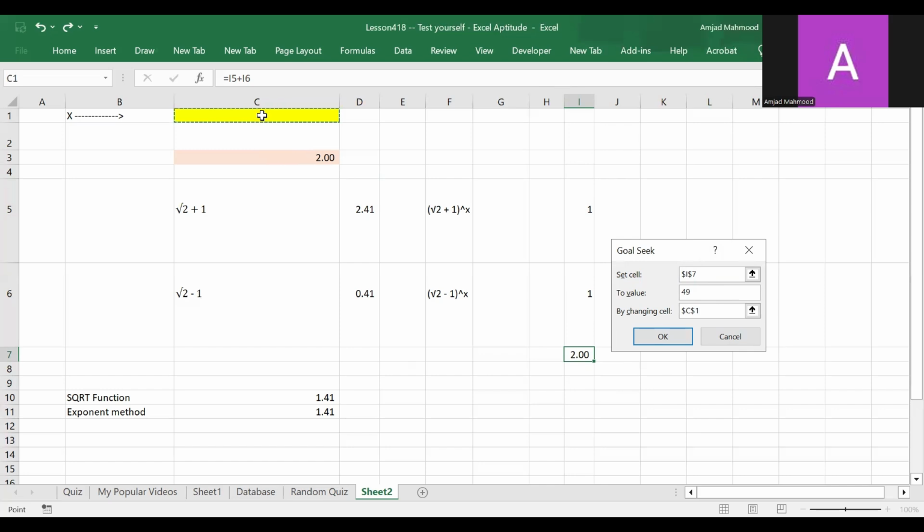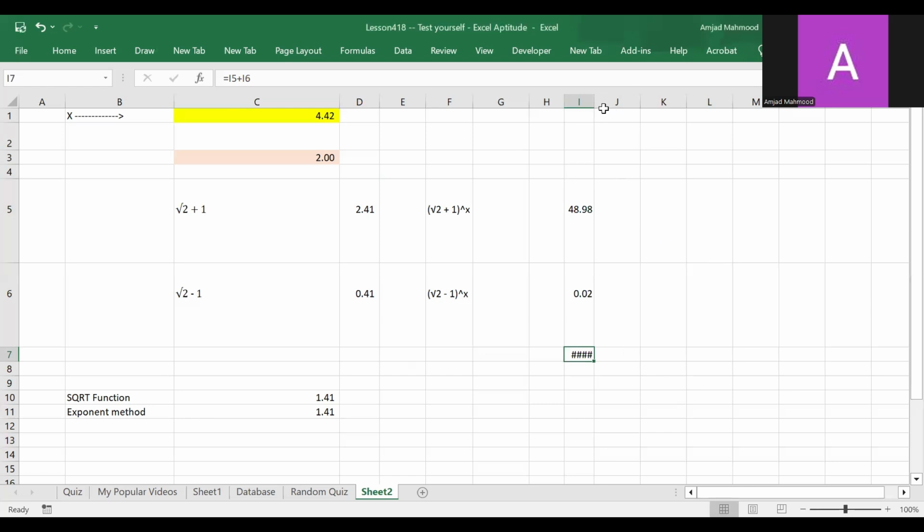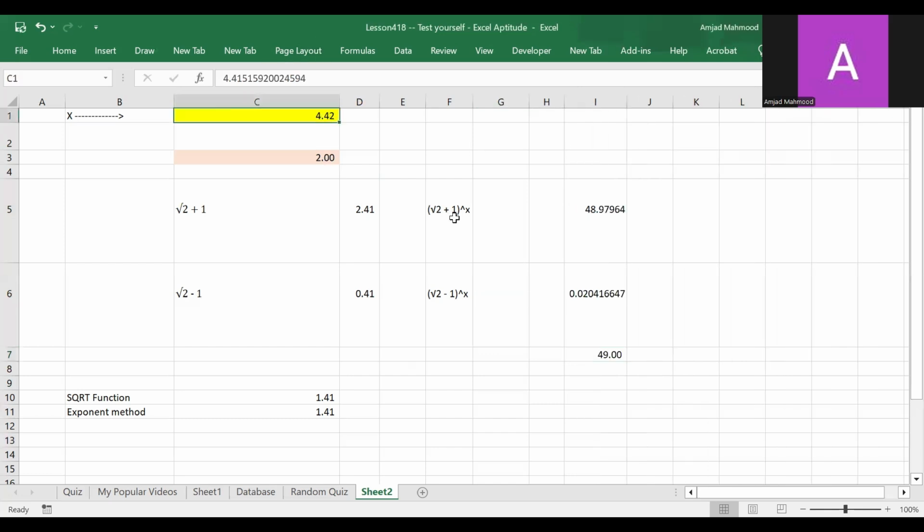It will keep on changing it and checking it, and it will stop only when the value at I7 gets to 49. So let's click OK. It has come up with the solution. The x value is 4.42.